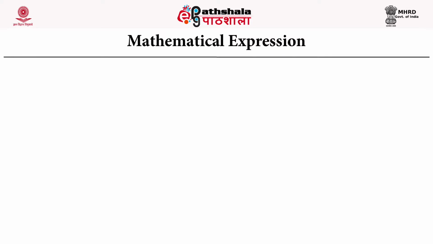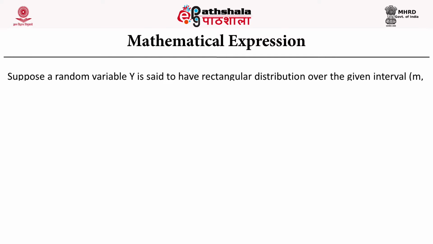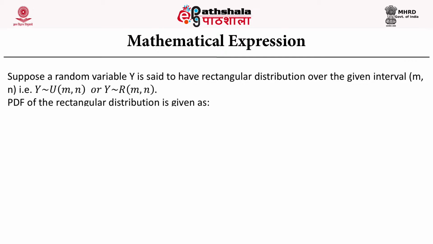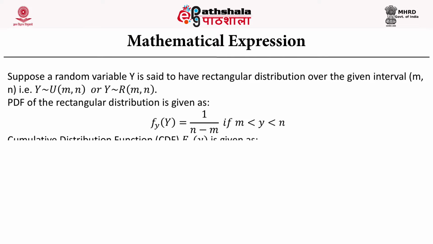The mathematical expression for the rectangular distribution and uniform distribution is given here. Suppose a random variable Y is said to have rectangular distribution over the given interval m and n, that is, Y follows uniform distribution with parameter m comma n, or Y follows rectangular distribution with parameter m comma n.